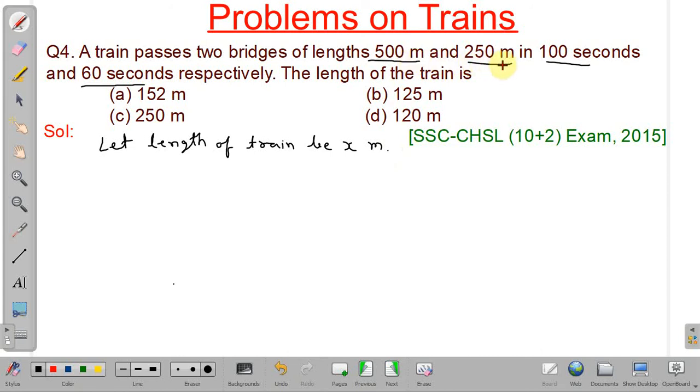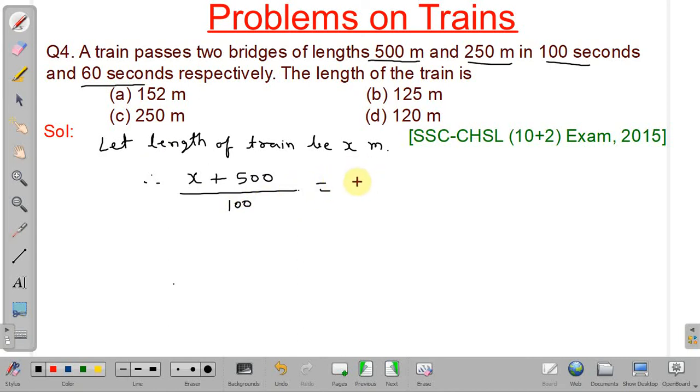Now if you see, when it is crossing the bridge of length 500 meter and crossing the bridge of 250 meter, speed must be same in both the cases. So for first case, total distance traveled to cross the bridge will be length of train, that is x, plus length of bridge, that is 500, divided by time, that is 100 seconds.